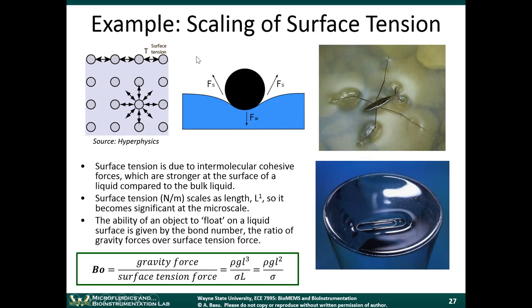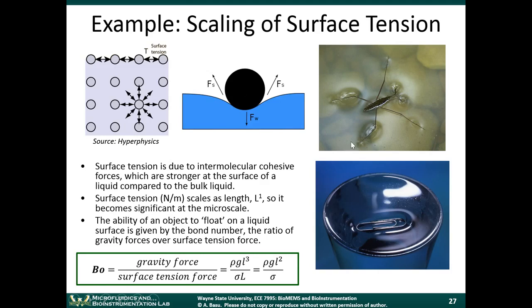So this is what causes the water droplet to stay together as a droplet rather than breaking up. You can think about this skin as a membrane. You can even put weight on that membrane before it breaks, if you put something light on there.